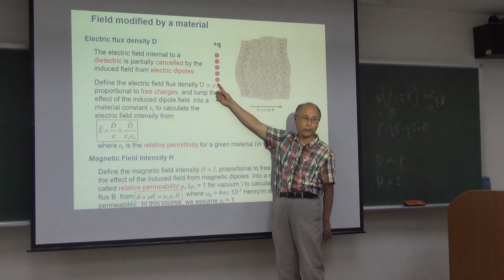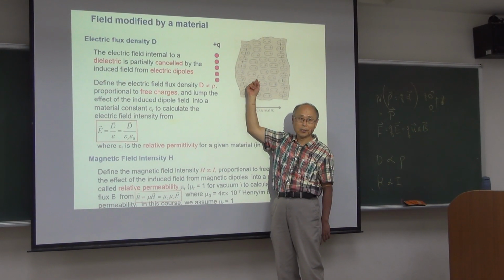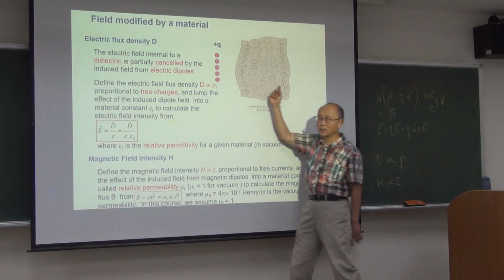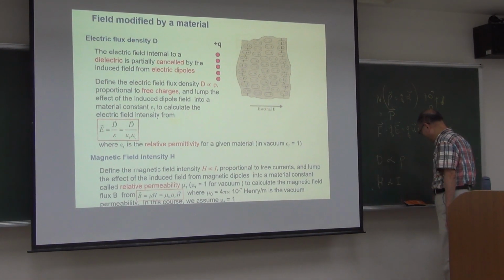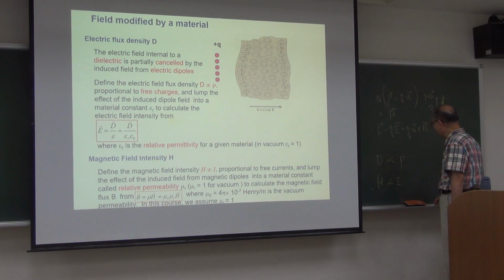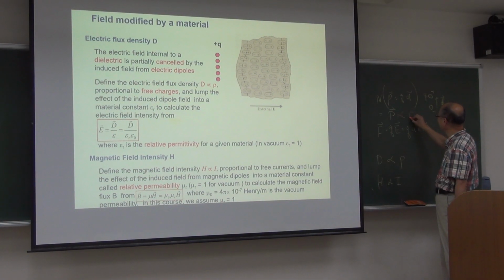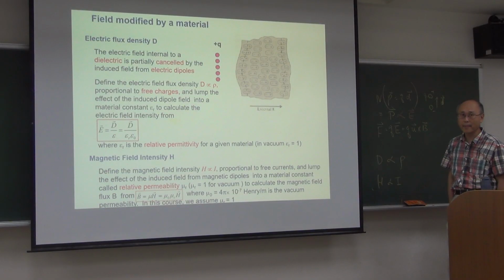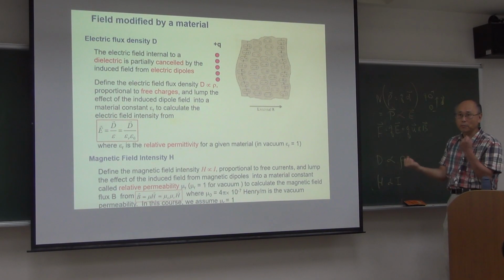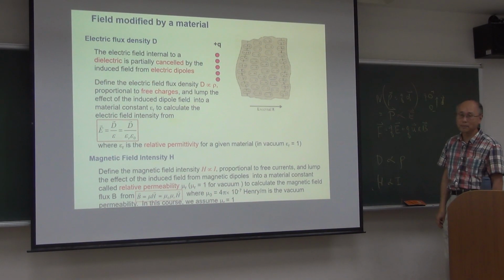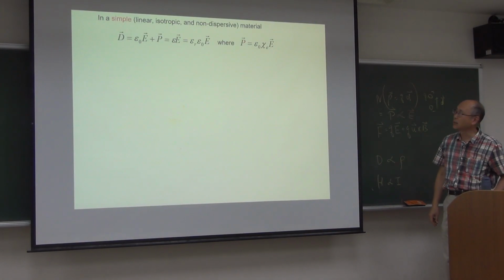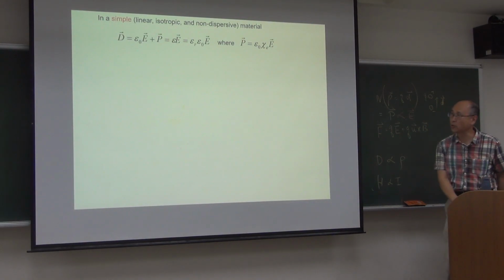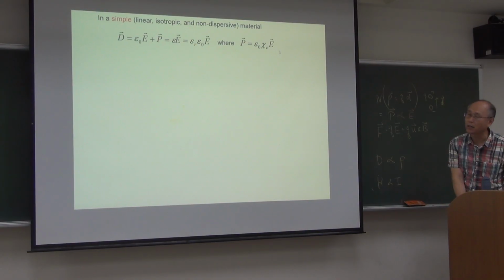You have an electric field to induce it. So the polarization density vector must be proportional to the electric field, right? And the electric field will polarize the material. And if the relationship between P and E is linear, then we call this a linear material.